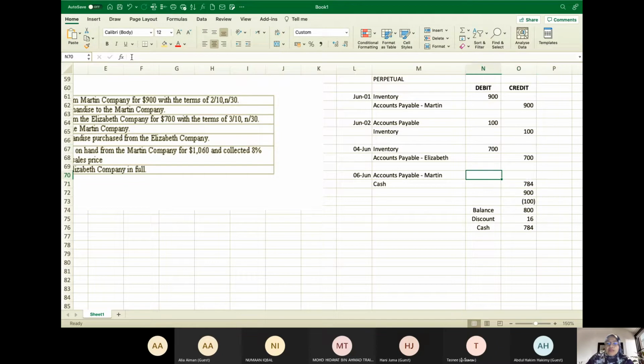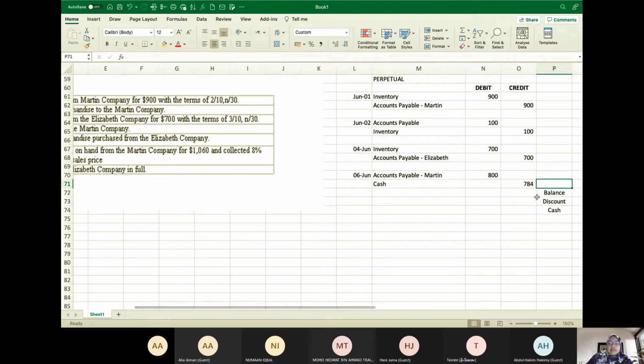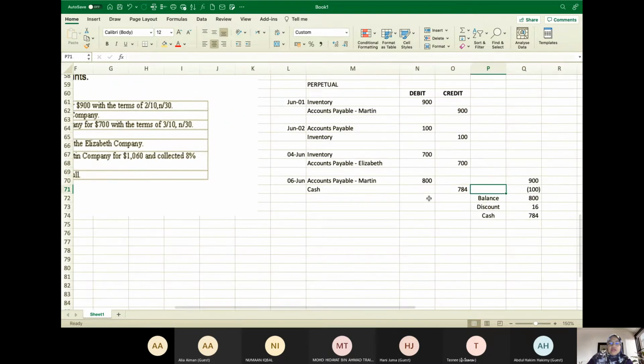But I'm going to debit Martin 800 because that's the amount due to Martin. Remember the discount of 16, so I put 16 here. This one is the purchase discount.